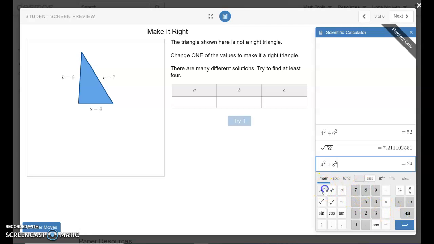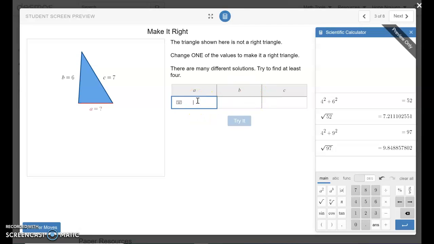I'm trying to think. Which one gives us a good one? Does this one give us a good one? I'm over here trying to figure it out. Well, not really, but they know that they are allowed to use decimals, and they can put in their different solutions that they find.